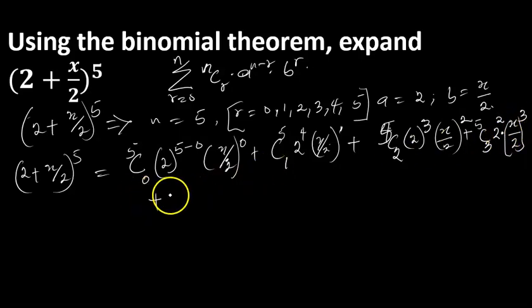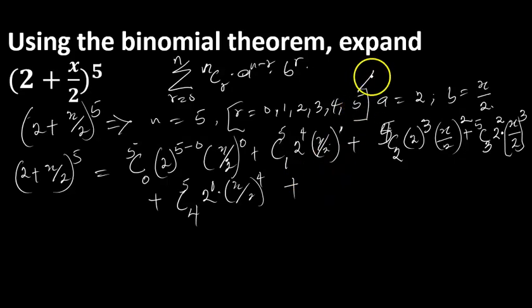Now plus 5C4, that will be 2 raised to power 5 minus 4, which is 1, times (x/2) raised to power 4, and lastly, when r equals 5, this is 5C5, 2 raised to power 0, times (x/2) raised to power 5.